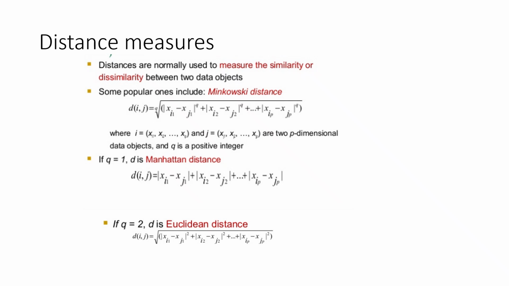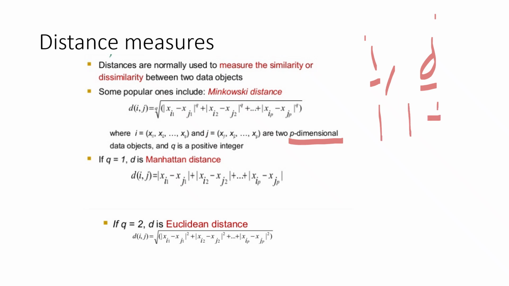First, we'll see the Minkowski distance. In the Minkowski distance, the data is p-dimensional, which means first we have to calculate the difference for each dimension. First, we take dimension 1. Here, objects are considered as i and j. We have to take the ith object and the jth object, take dimension 1, and calculate the difference.